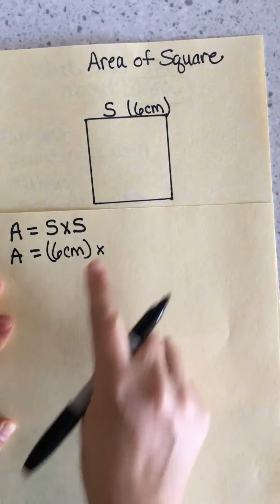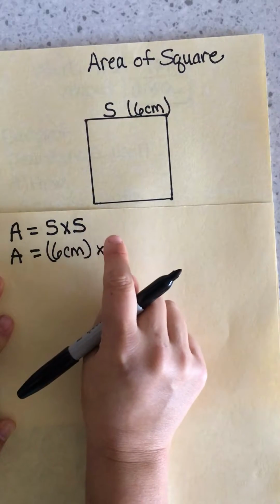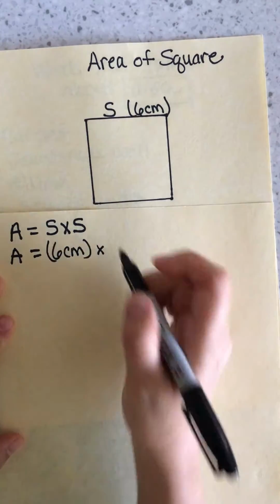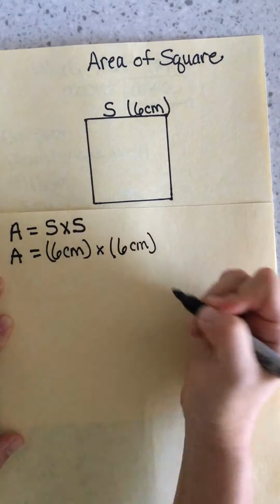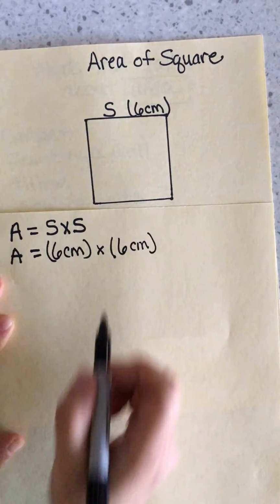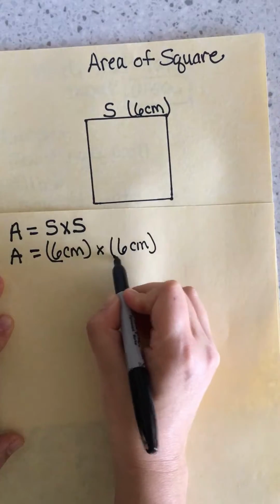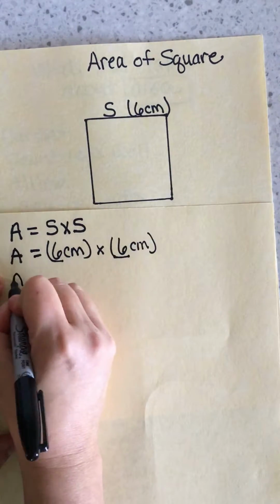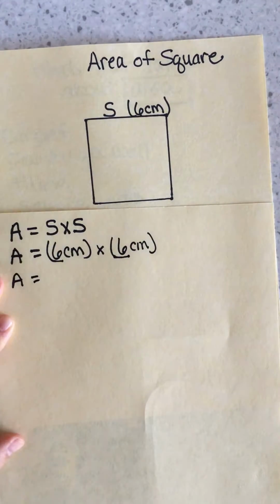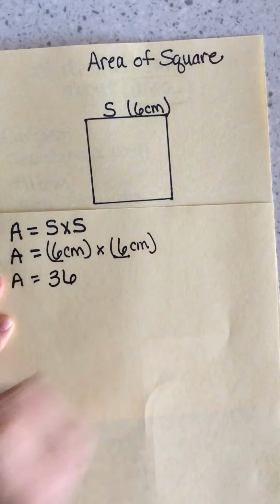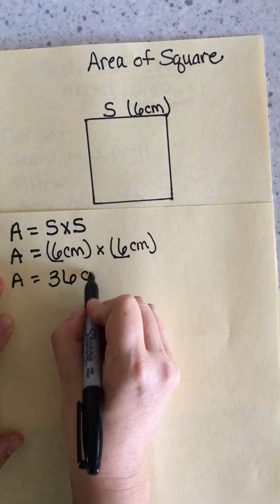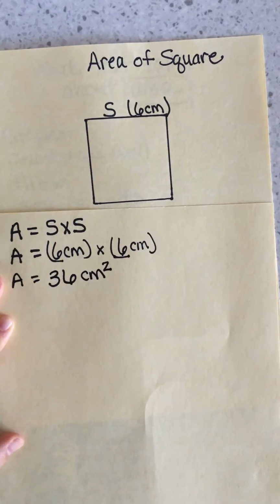Anytime I change a variable out, a letter out with a number, I put that number in parentheses. And it's the same because all the sides are the same. Now, we can do what the formula is telling us to do. The formula here just tells us how to work it. 6 times 6 is 36. You got it. A centimeter times a centimeter is a centimeter squared, and we write that with a little 2.